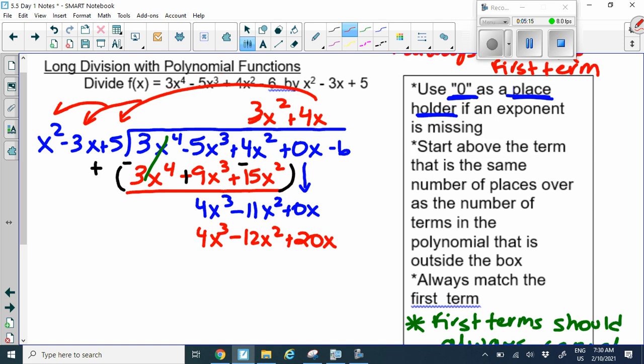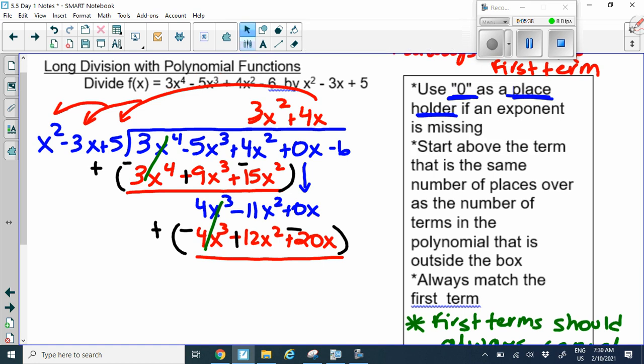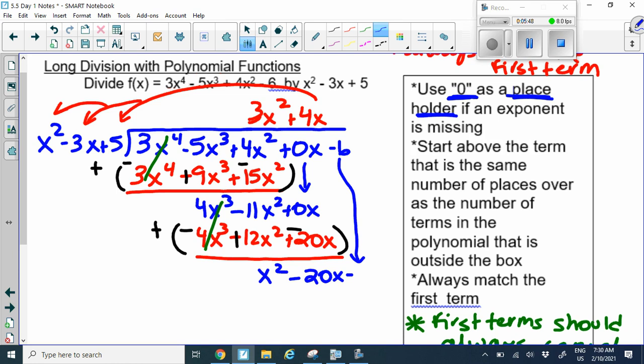Because if we didn't do that, maybe a lot of you would have combined it with the 6. But know that the negative 6 and 20x are not like terms, okay? That's why we have to use a placeholder, so we combine the correct terms. Okay, so now I change that minus into a plus, and all the signs behind it change. The first terms always cancel out. Now negative 11x squared plus 12x squared will give me just x squared. And then 0x minus 20x gives me negative 20x. And then I bring down that last term of minus 6.